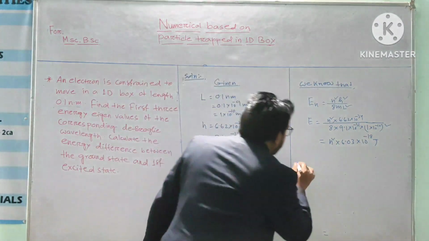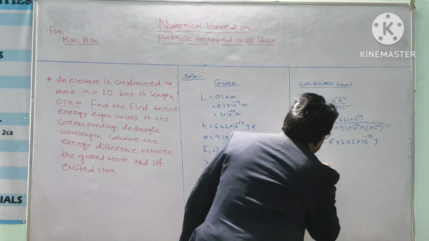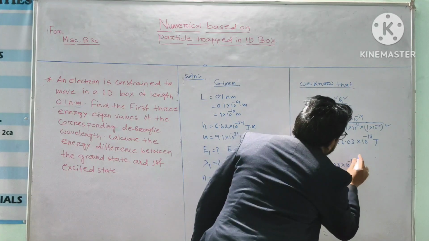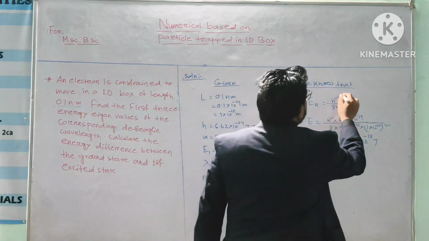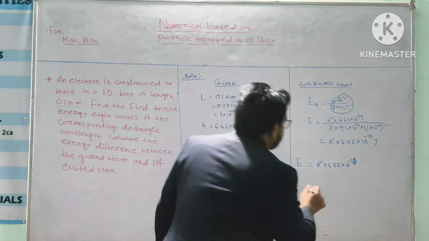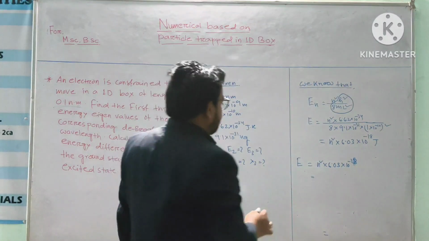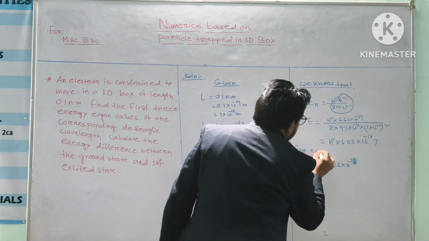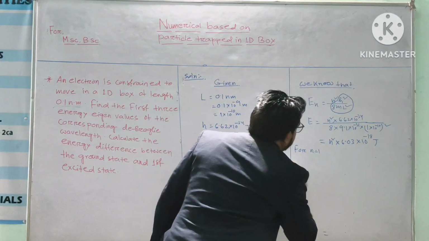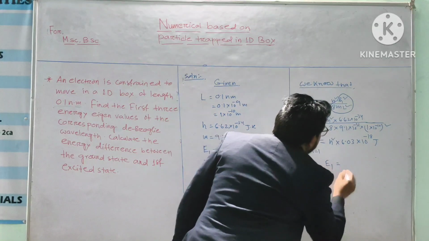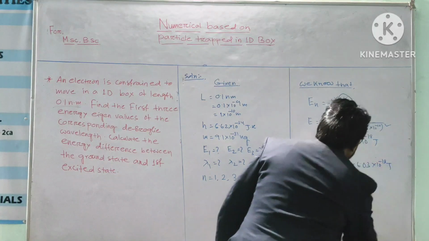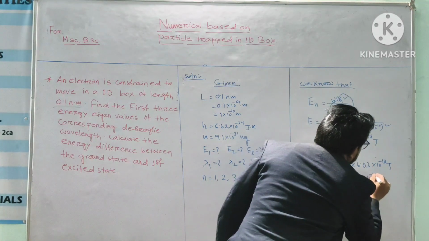Okay, so first of all, E1: we can write E equal n square into 6.03 into 10 to the power minus 18, because the value of h square by 8 m L square is equal to this. For n equal 1, E1 equal 1 square into 6.03 into 10 to the power minus 18 joule, and this is equal to 6.03 into 10 to the minus 18 joule.